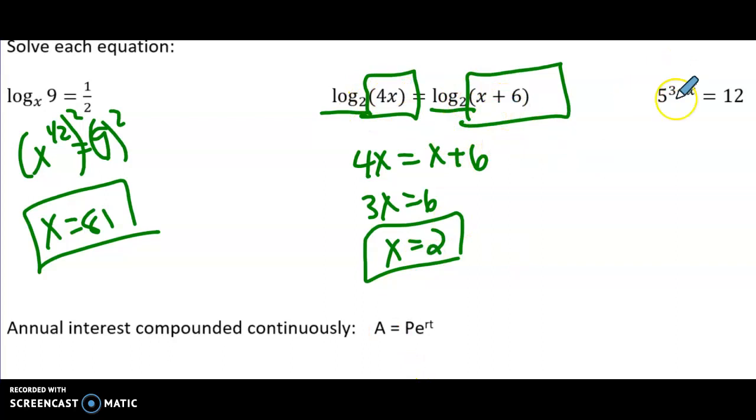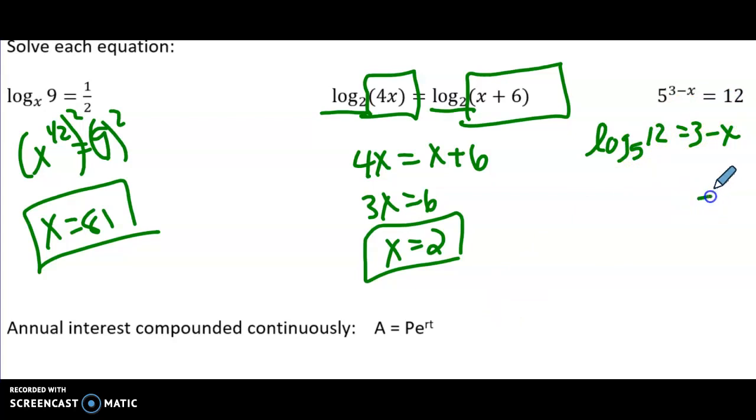Okay, here we want to rewrite them, instead of rewriting a log as an exponent, we want to rewrite this exponent as a log. This is saying log base 5 of 12 equals 3 minus x, right? That's the same as 5 to the 3 minus x equals 12.